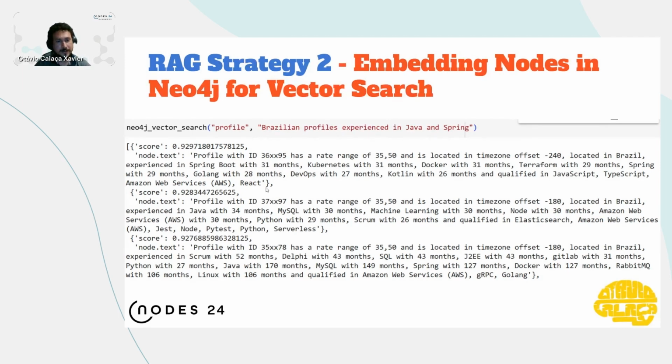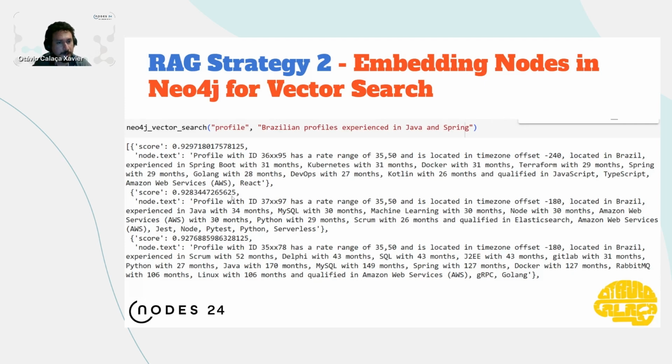To get these responses, I'm not using an LLM. I am just using the vector search of Neo4j. So I can ask it to return the 10 most similar, or we can put a number like a K to get the most similar K records for it.